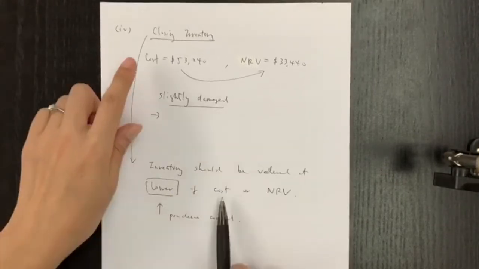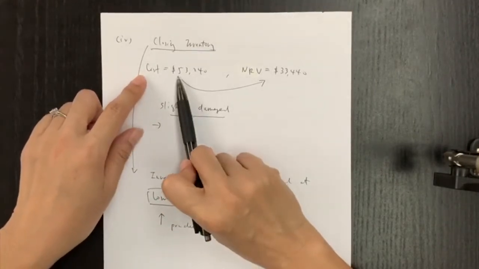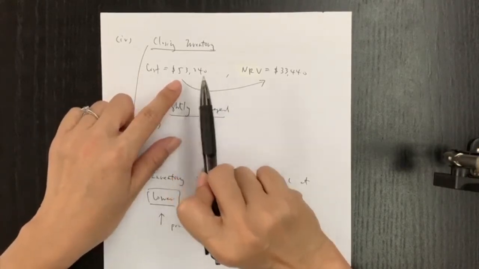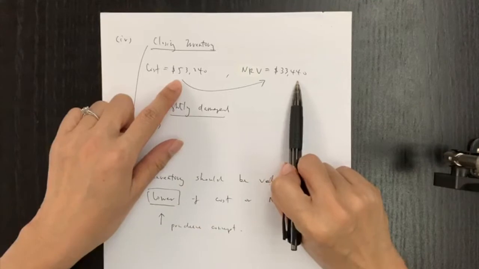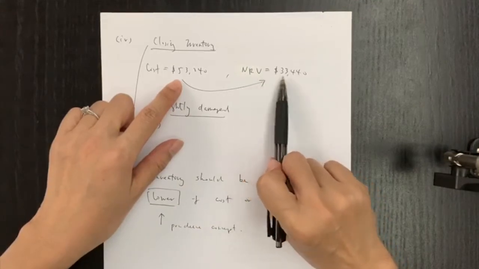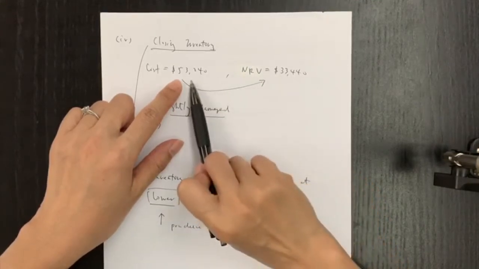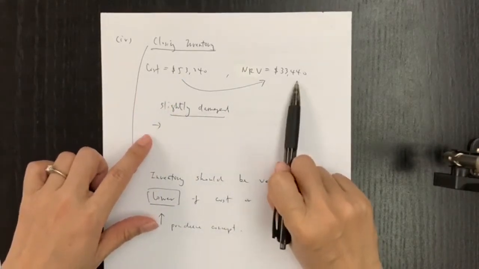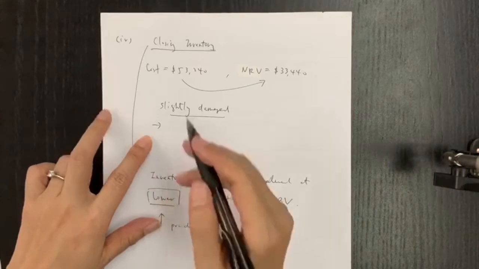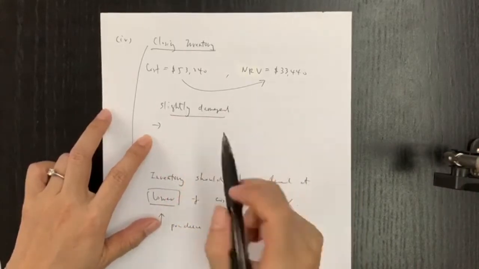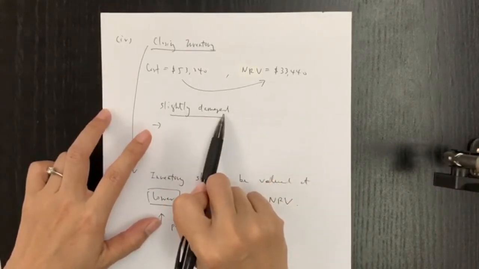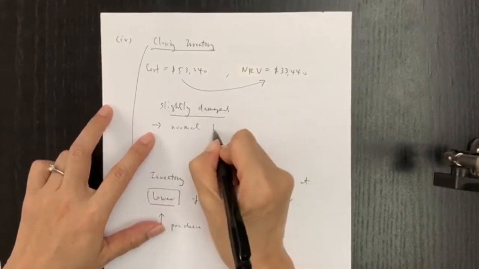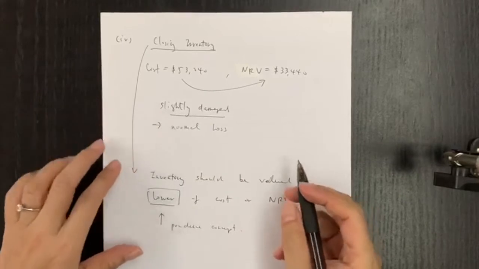Now given that the cost is 53,240, we always need to compare the cost with the net realizable value. You can see net realizable value is lower than that, so we suffer. Because of the prudence concept, we need to recognize the loss immediately. So here is the double entry. Also, slightly damaged should be treated as normal loss because it is not important.